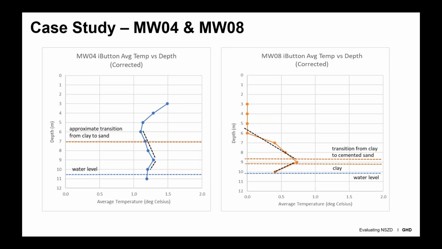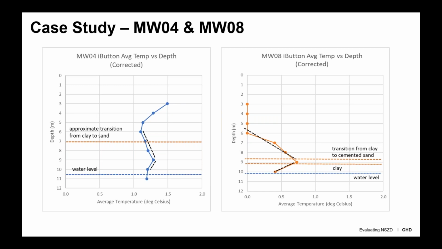So we did use that whole peak that's on the right to determine the NSED, because it does seem that when we are looking at these sites, if it's all in clay and you don't have these transitions from one layer to another, we will still see the biogenic processes that are occurring there, but we know the rates are lower in clay than they are in other soil types. So those are the slopes that we used for those two wells.